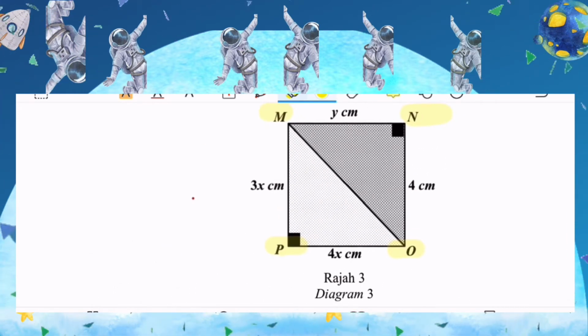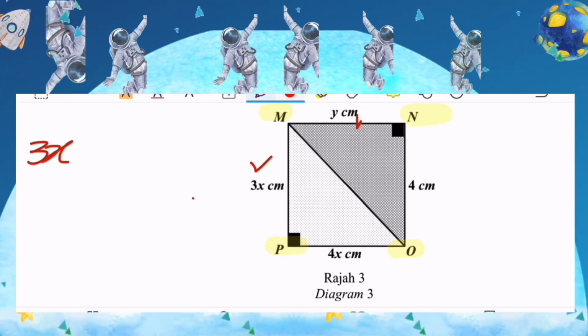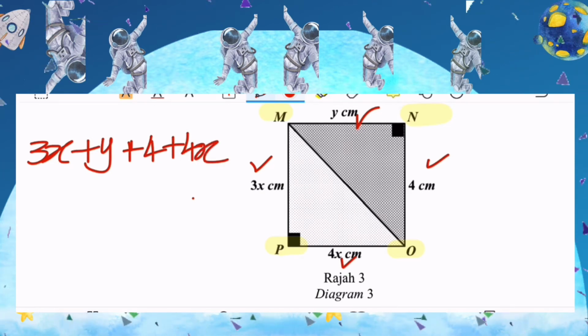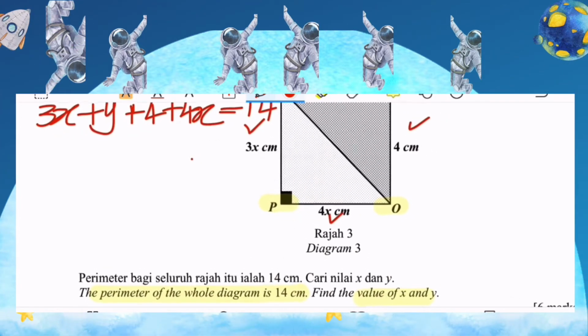That means if we add up all the lengths from M to N, N to O, O to P, and then P to M, we get 3x plus y plus 4 plus 4x, which should be equal to the perimeter given in the question, 14.